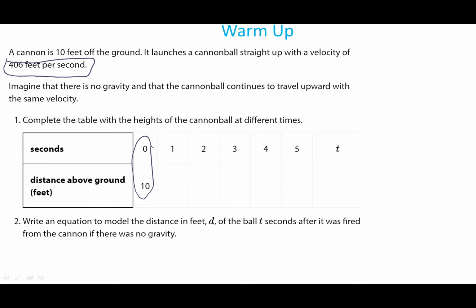Question number 2, write an equation to model the distance in feet, d, of the ball t seconds after it was fired from the cannon if there was no gravity. So that means that we're writing an equation to relate t and d, or the distance.